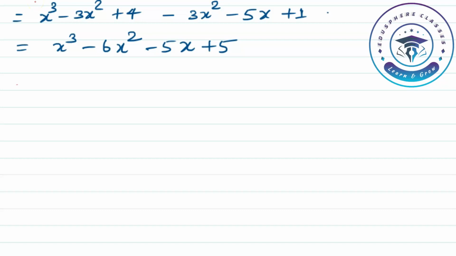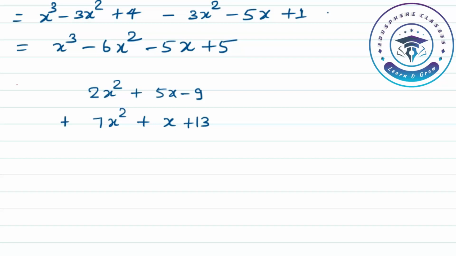Next, we can do the same operation in the column method also. Like we have to add two expressions, 2x square plus 5x minus 9 and 7x square plus x plus 13.